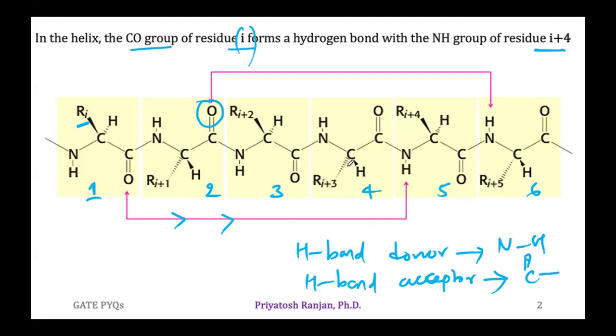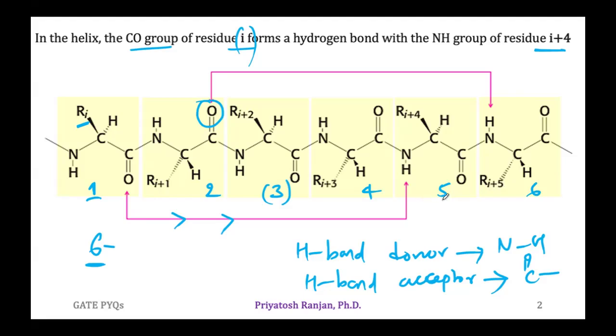But you need to understand something important here. The total number of amino acid residues here is 6. If you observe carefully, the first CO is involved with the fifth amino acid residue in the formation of the hydrogen bond, the second with the sixth one. However, for the third amino acid residue, there is no potential hydrogen bonding partner. Similarly for the fourth, fifth, as well as the sixth.